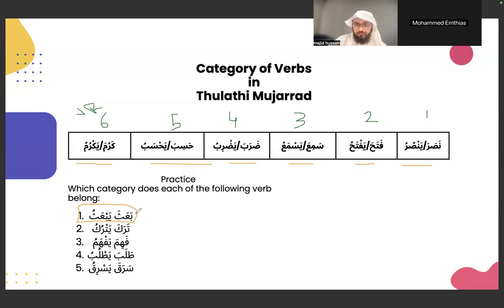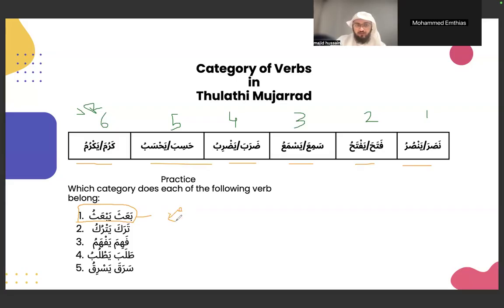That gives me a possibility of 1, 2, and 4. But when I look at the present tense as well, yab'athu, the fa kalima is sukoon, the ain kalima has fatha, and the lam kalima has dhamma. These are my root letters, ba, ain, tha. The ain kalima of my root letter has a fatha. This leaves me the only option of category number 2, that this comes from the bab of fataha.